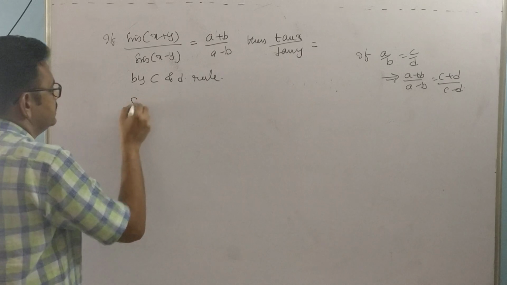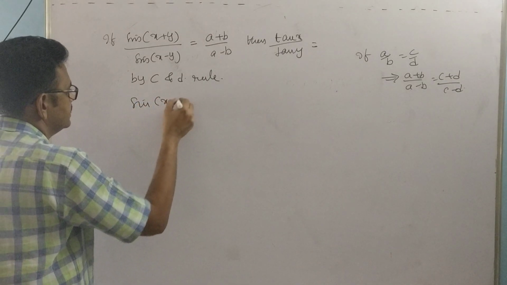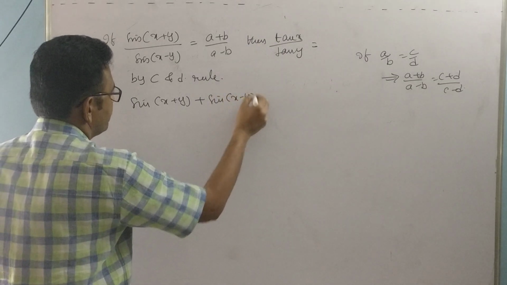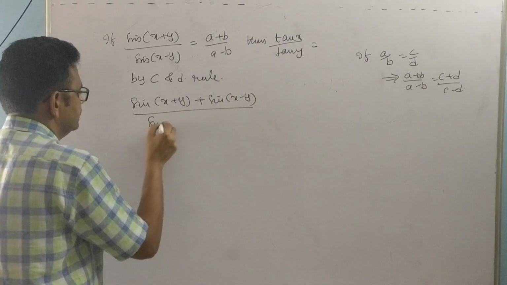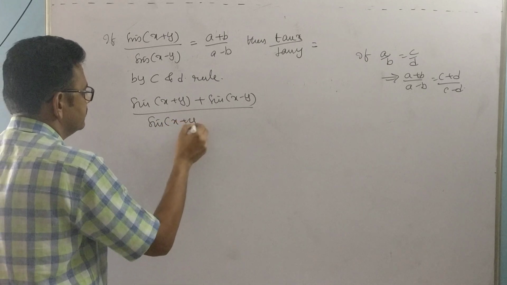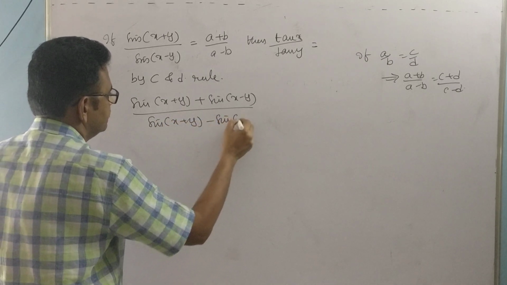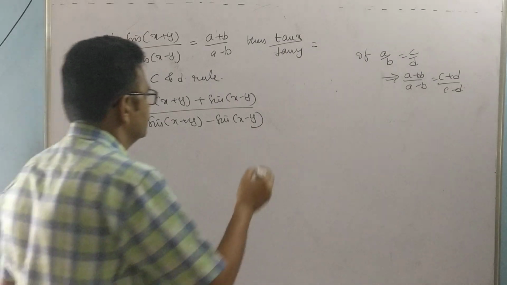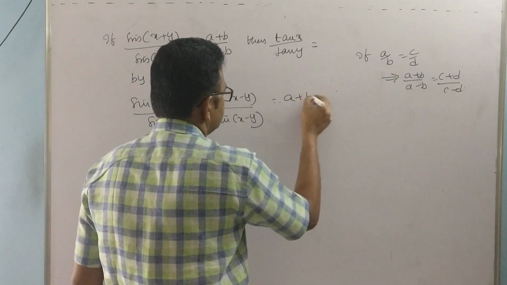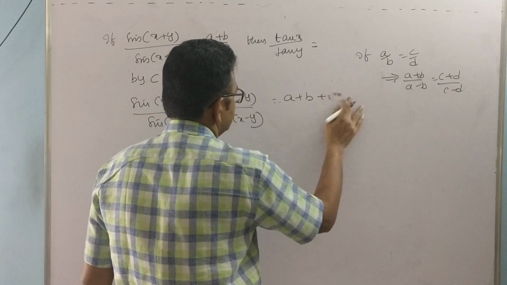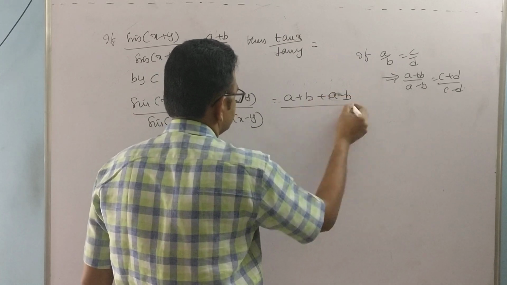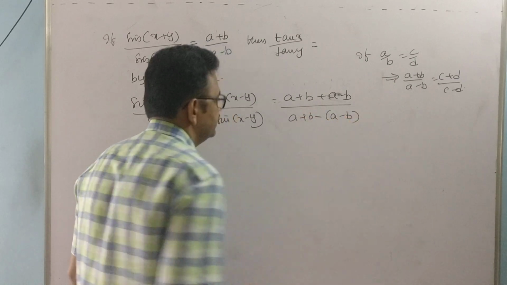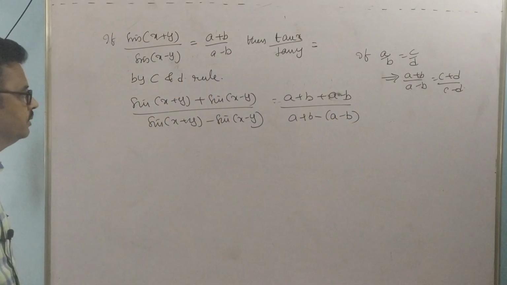Now, sin of (x plus y) plus sin of (x minus y) by sin of (x plus y) minus sin of (x minus y) is equal to (a plus b plus a minus b) by (a plus b minus of a minus b), by componendo and dividendo.